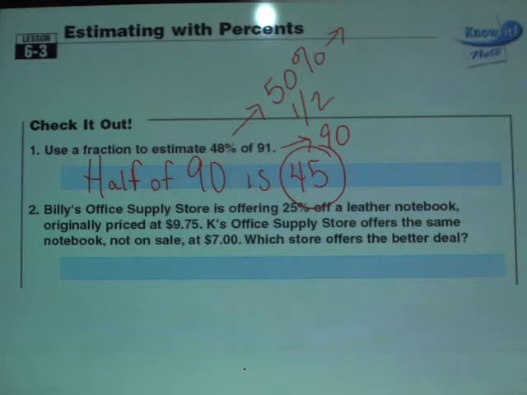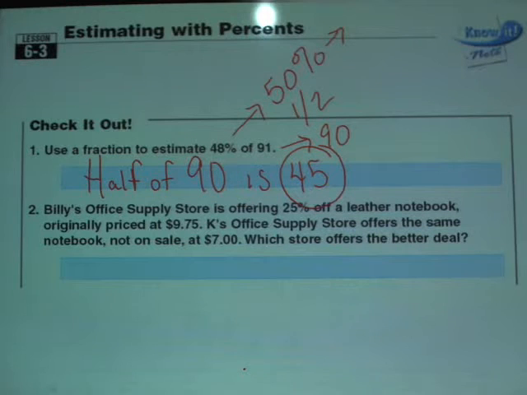And question number 2 here says Billy's office supply store is offering 25% off a leather notebook, originally priced at $9.75. Kay's office supply store offers the same notebook, not on sale, for $7. Which store offers the better deal? So we can get 25% off a $9.75 purchase, or we can get it regular price $7. And we have to figure out which one is the better deal.